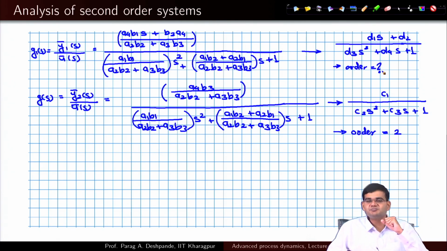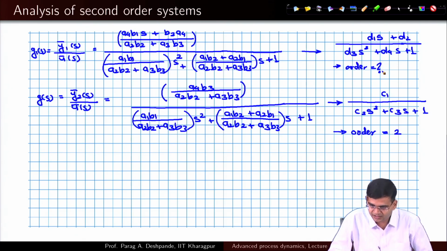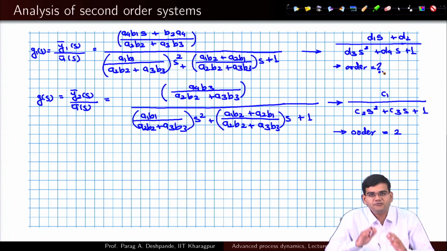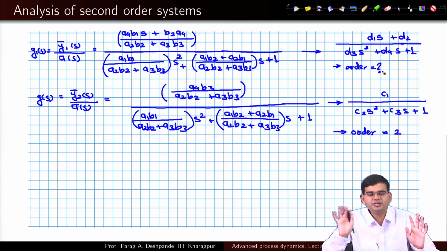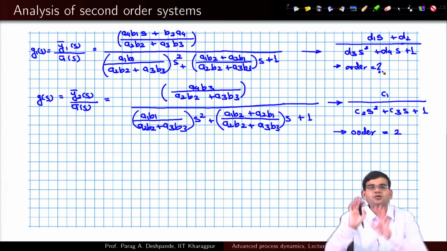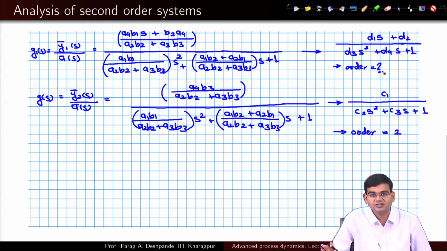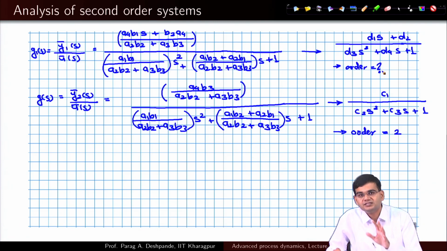We will take this particular topic in the next lecture, but before that what we need to look into is that now your first tank is no more an independent unit, and that is why it is called an interacting system. So, you cannot expect simply first order dynamics even in the first tank. Forget about the entire dynamics, you do not have simple first order dynamics even in the first tank.